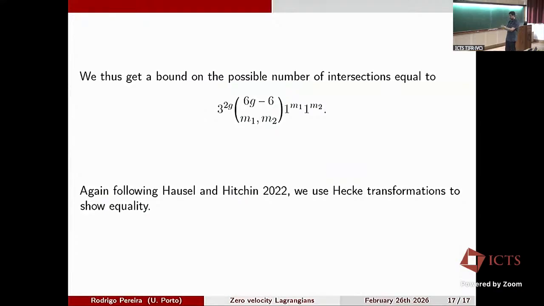They start with the Hitchin section and they perform successive Hecke transformations at the zeros of your field in order to reach the correct fixed point. And it turns out that the same strategy also works here.